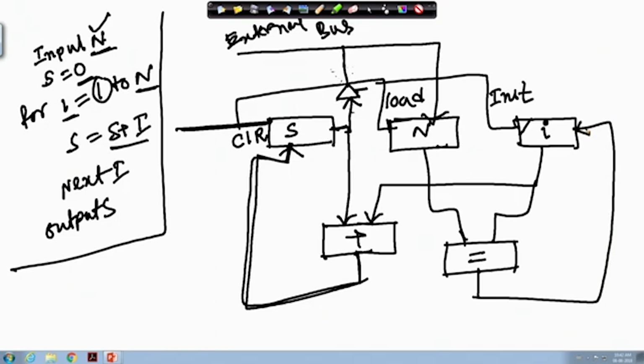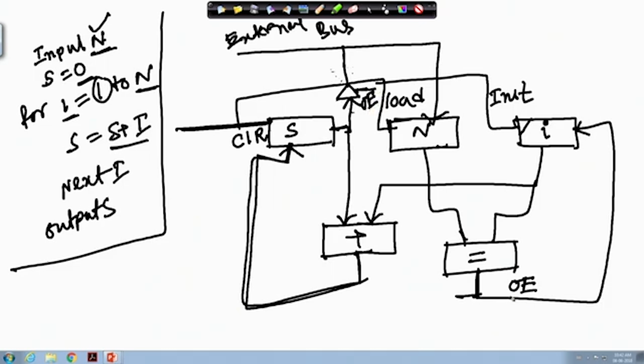Okay. So, whenever this value equals n, at that time this will come and this will again start from 1. And this particular signal is the terminating condition. So, if I say that is the output enable, this signal will again be connected with this particular signal.